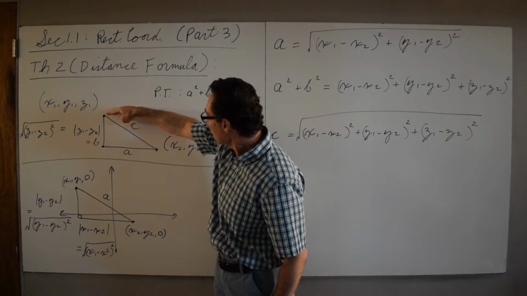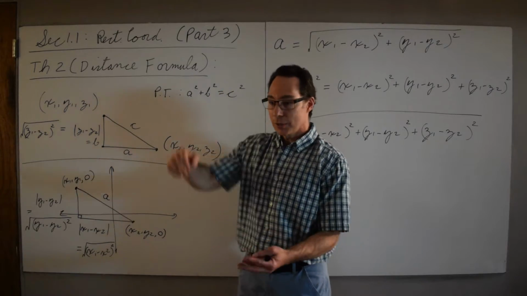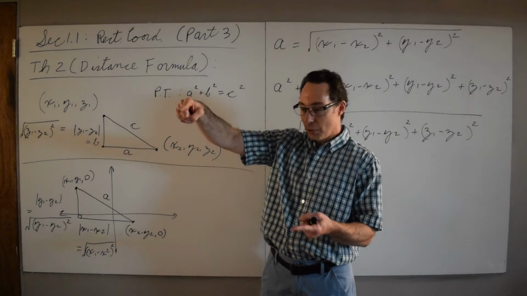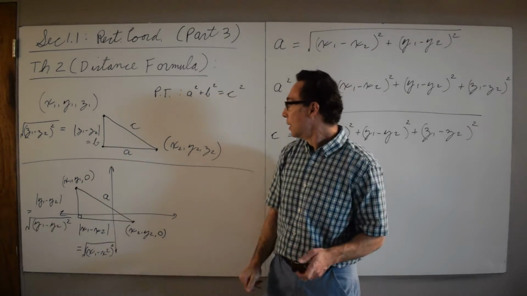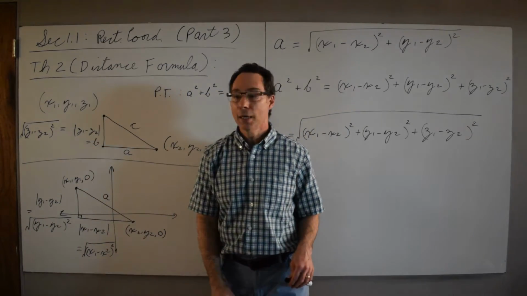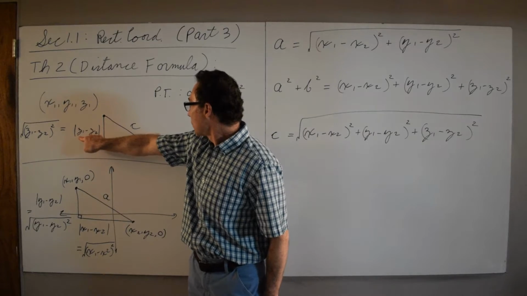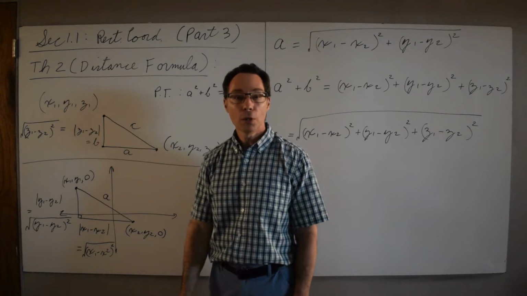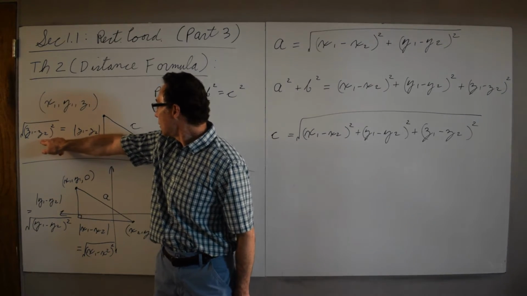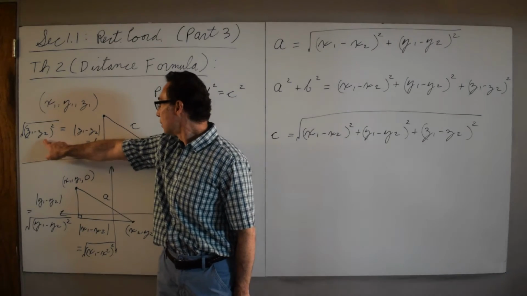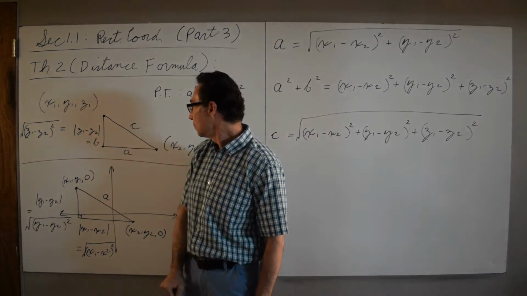This is the difference in height of the two points. So the two points are hanging out here someplace, and this is the difference in the height. This is the part we're calling B, the absolute value of z1 minus z2. Another way to write that is the square root of the quantity z1 minus z2 squared. This is just another way of writing the absolute value.